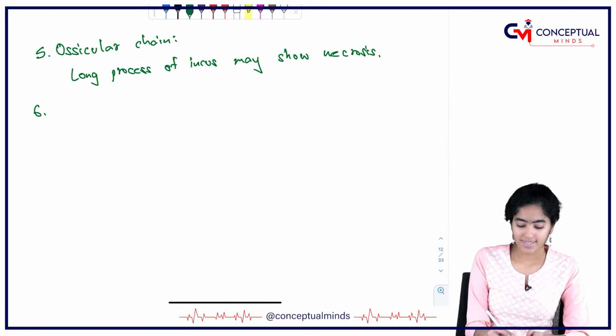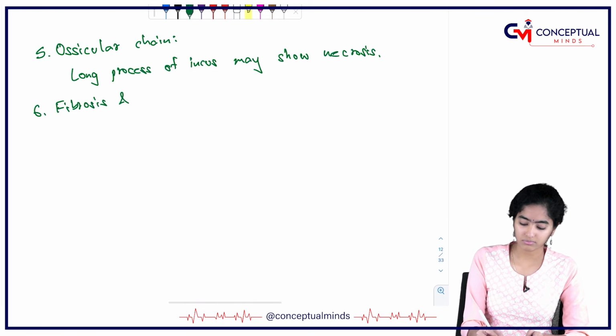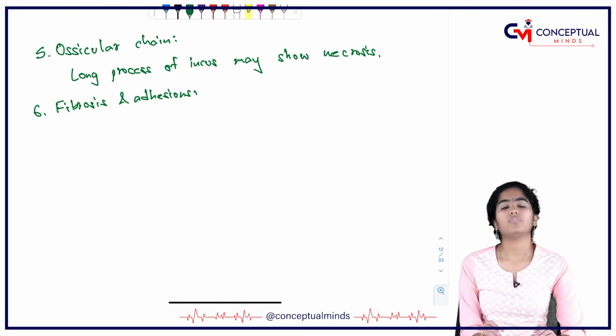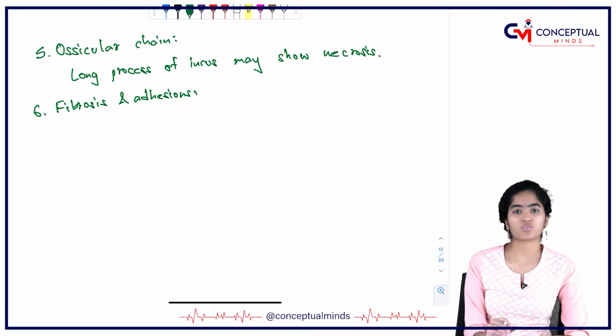Next feature is fibrosis and adhesions. On examination, we could find various adhesive structures and fibrotic tissue. This occurs because of the healing process that is constantly occurring after every acute exacerbation. But this fibrosis can affect the mobility of structures.